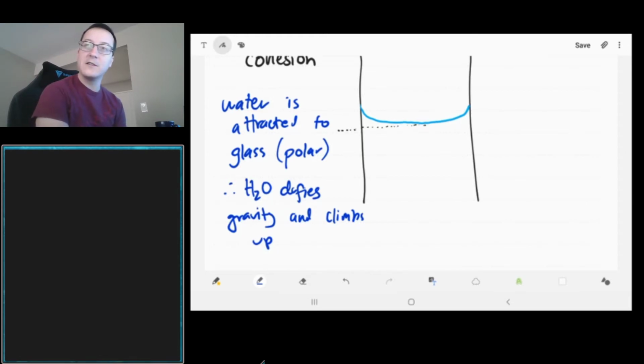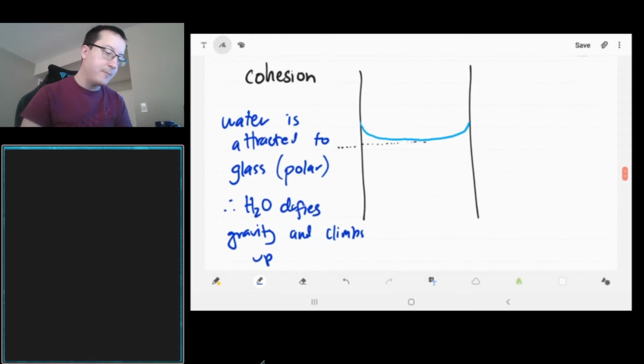So because water loves itself and particularly likes the xylem, I think it's called, of trees, it'll easily say, okay, screw you, gravity, I'm going to go up against you, and no problem. So the reason you see this meniscus of water in a graduated cylinder or something is because of cohesion.